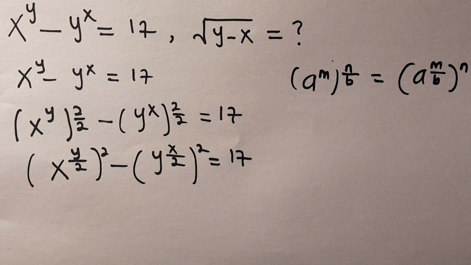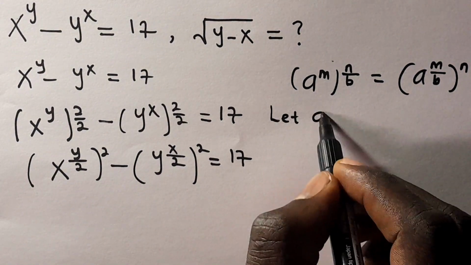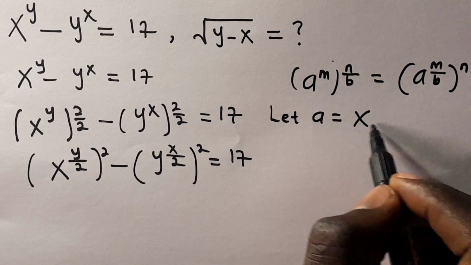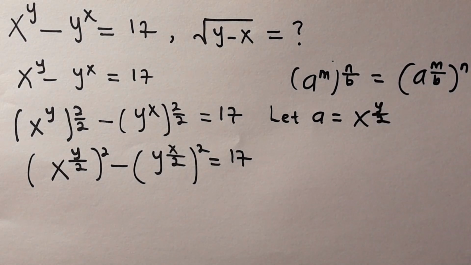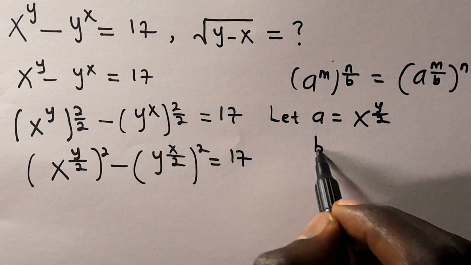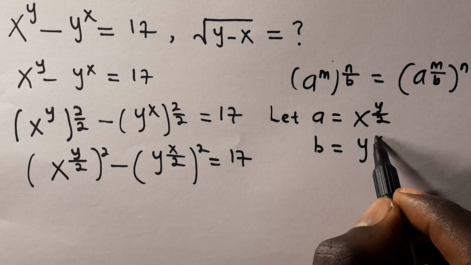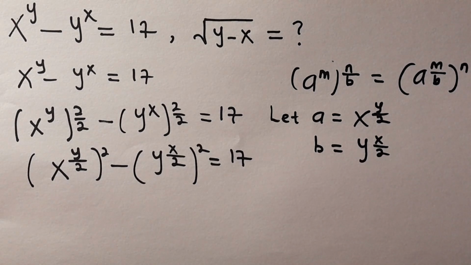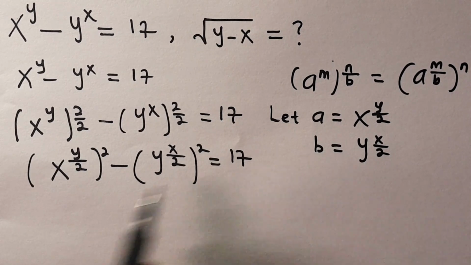So from here we can say let a to be equals x raised to power y divided by 2 and b to be equals y raised to power x divided by 2. So from here, let's substitute this and this here.